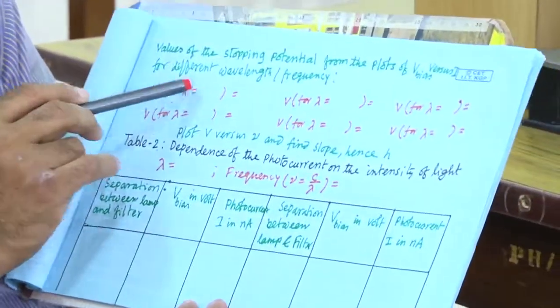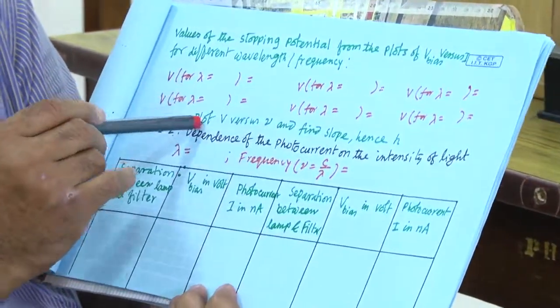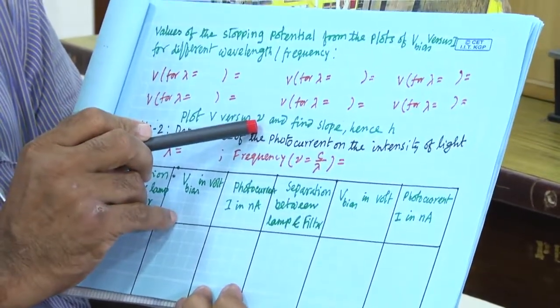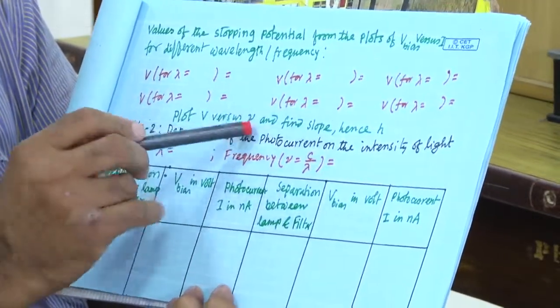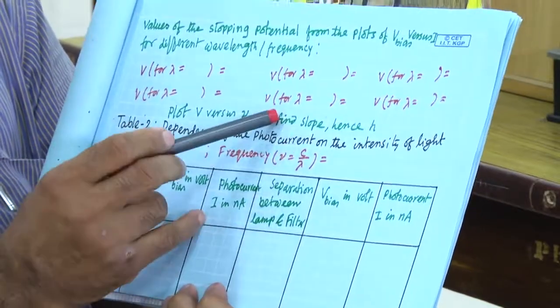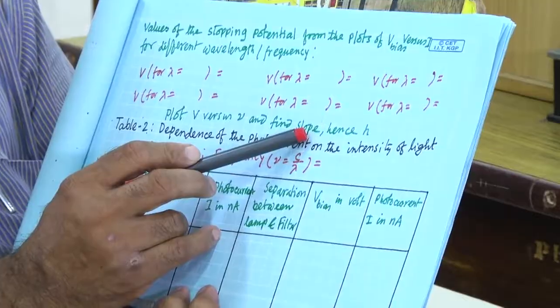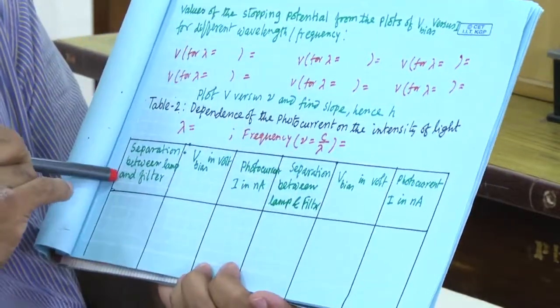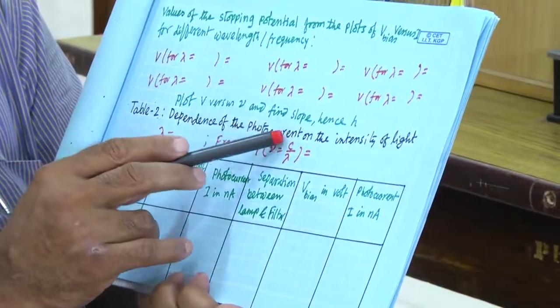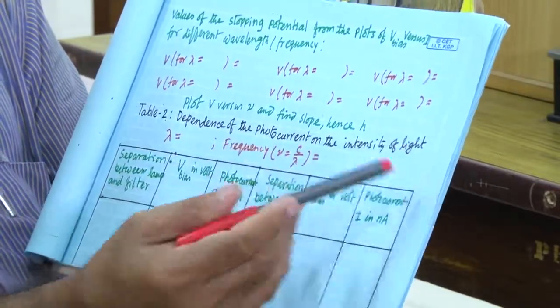We will get the stopping voltage for different wavelengths, then plot V versus frequency nu. From wavelength you can calculate nu, the frequency, and we will find out the slope, and hence h, the Planck constant.